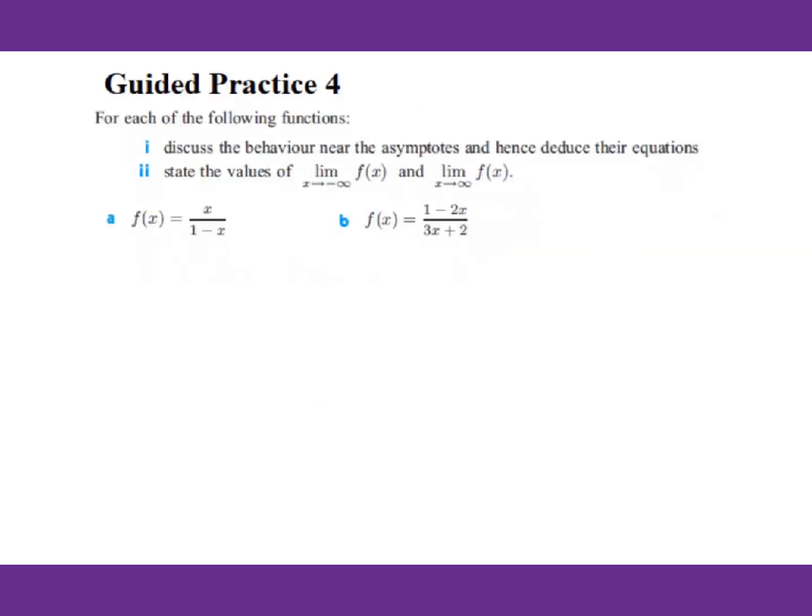Guided practice 4. For each of the following functions, discuss the behavior near the asymptotes and hence deduce their equations. First of all, we need to figure out the following properties for this rational function.